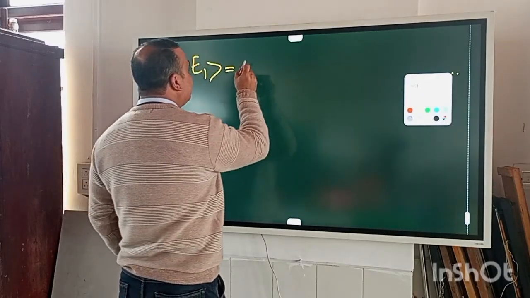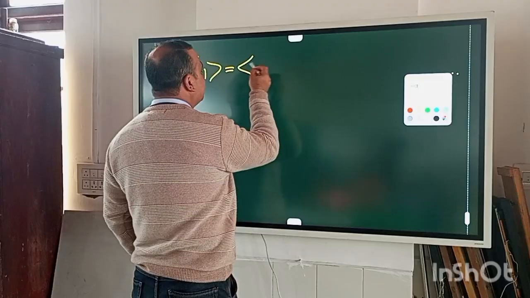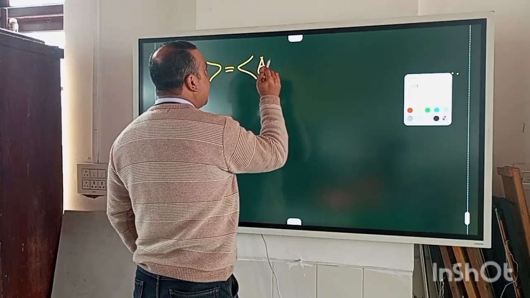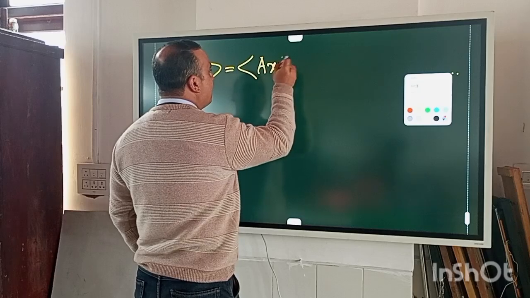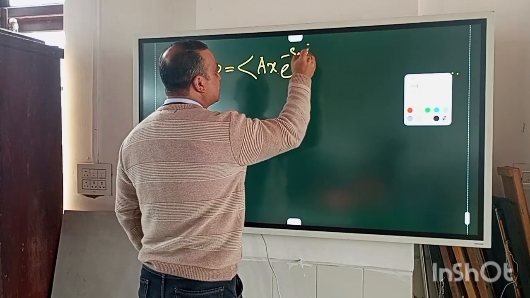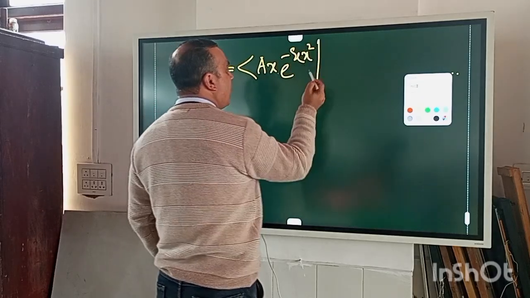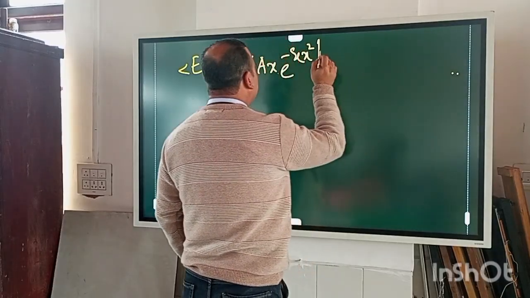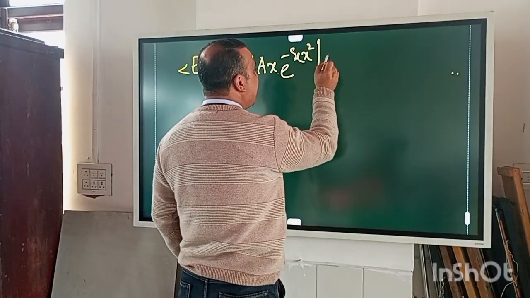It's going to be the state psi, which will be Ax e to the power of minus zeta x squared. Then you will have the Hamiltonian operator, and what is that?